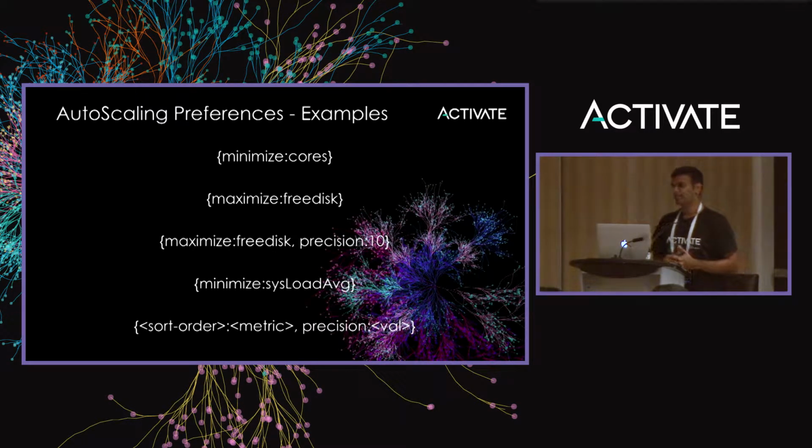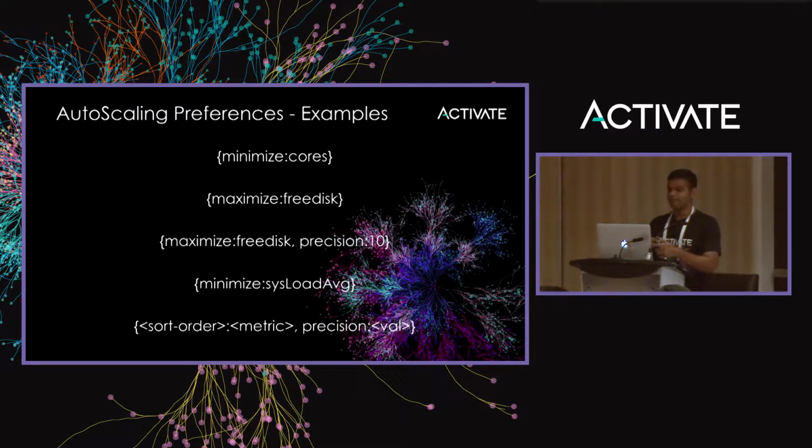So here are some examples, right? You always want to minimize the number of cores on a given JVM. So like you want to maximize free disk. Now, when you say just maximize free disk, it's a little ambiguous because at some point you will have these small interim windows where, say you're doing a Solr recovery or your transaction log size grows a little higher. So the disk usage might fluctuate a little.